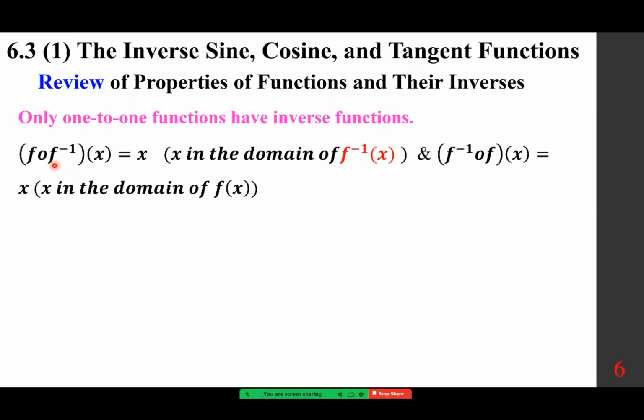Their composite function, f of f inverse of x equals x, x is in the domain of f inverse, and f inverse of f of x equals x, x is in the domain of f of x. So in this case, x is in the domain of f inverse. In this case, f of x is in the domain of f inverse.